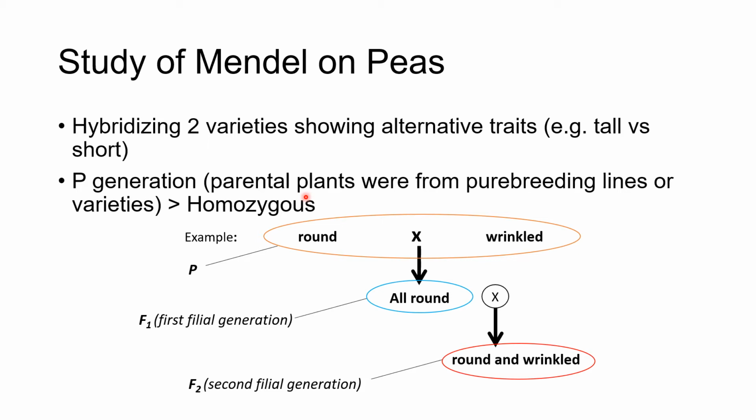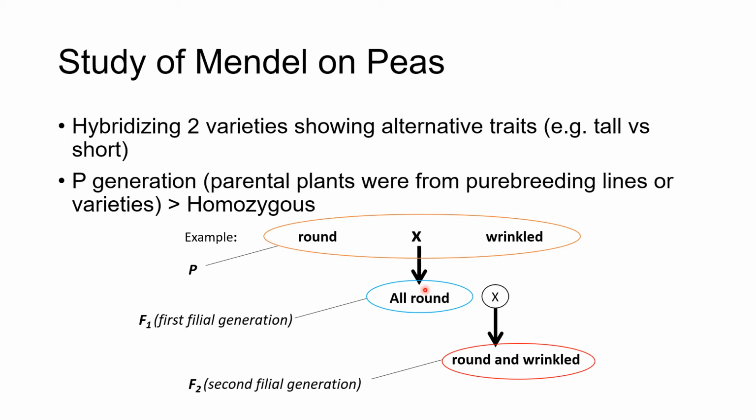Doon sa study ni Mendel, doon sa P, yung mga parental parents, yung mga krinos niya na una na pea plants, they are all from pure breeding lines. Homozygous lahat sila. So, yung isang parent plant, for example, round siya, pure na round. And then yung isa, wrinkle. Tapos yung kinalabasan, all round lahat.